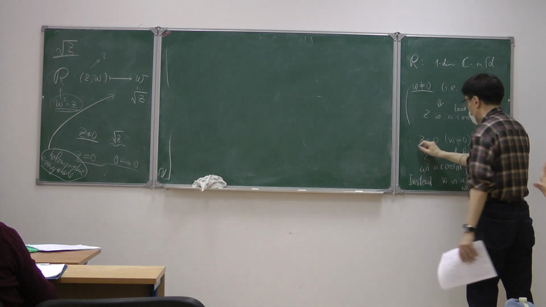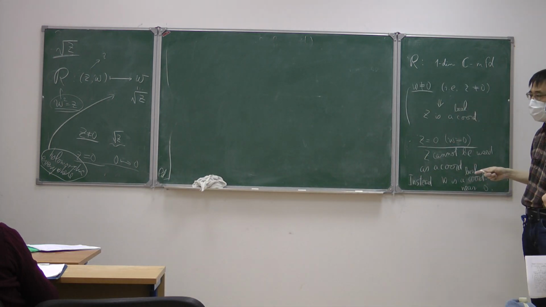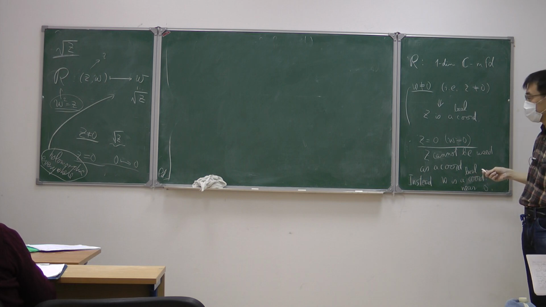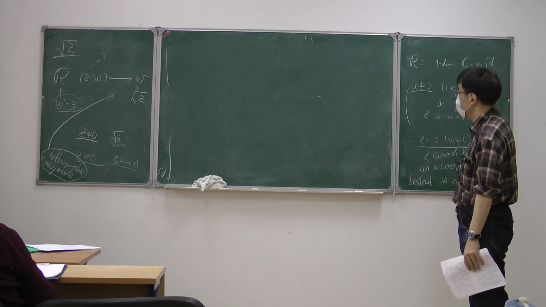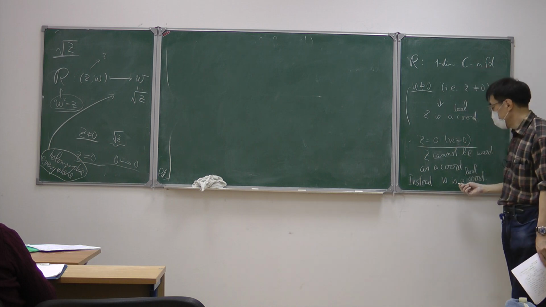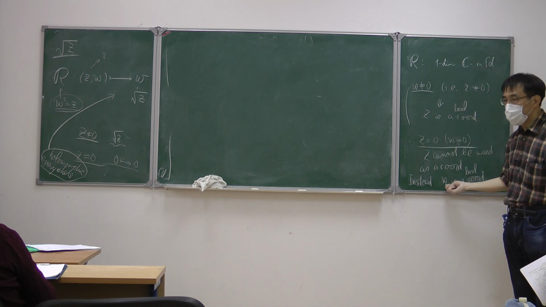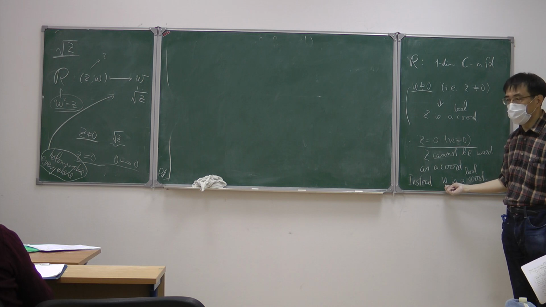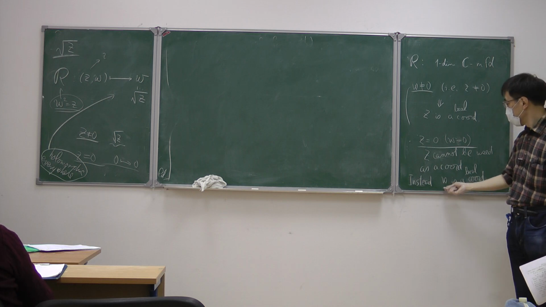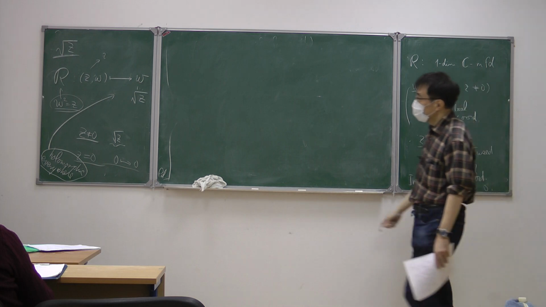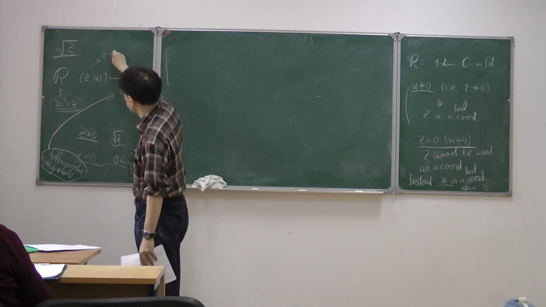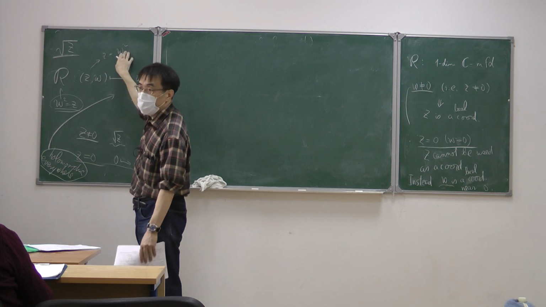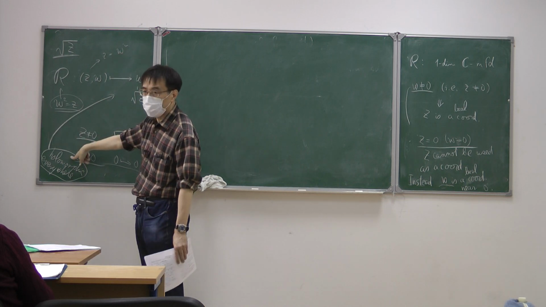Yeah, except at 0, it's good. But at 0, we have to use w as a coordinate on this manifold. So this is w squared, and so it is holomorphic.